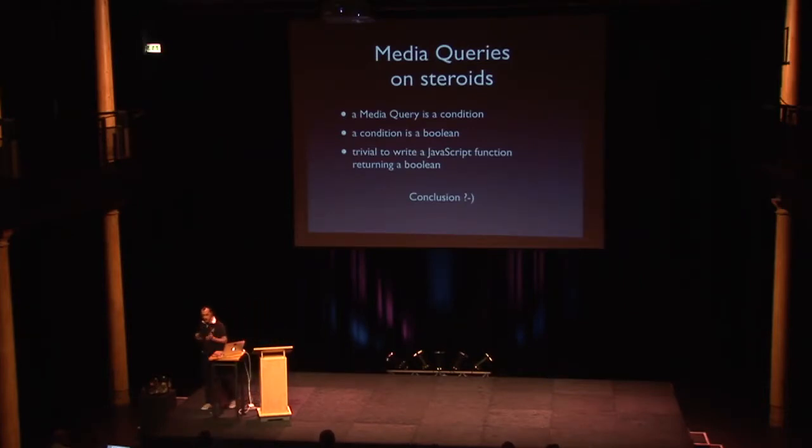So in theory, you should be able to say, I have a function that is based on some characteristics of the device, the browser, whatever, even of my document, returns a Boolean, and I want to use that as a media query. It should be doable. This is the kind of thing that Tab and I are going to pursue in the future. And I already started offering a new proposal for extensibility of CSS. So this is one of the things I want to do.